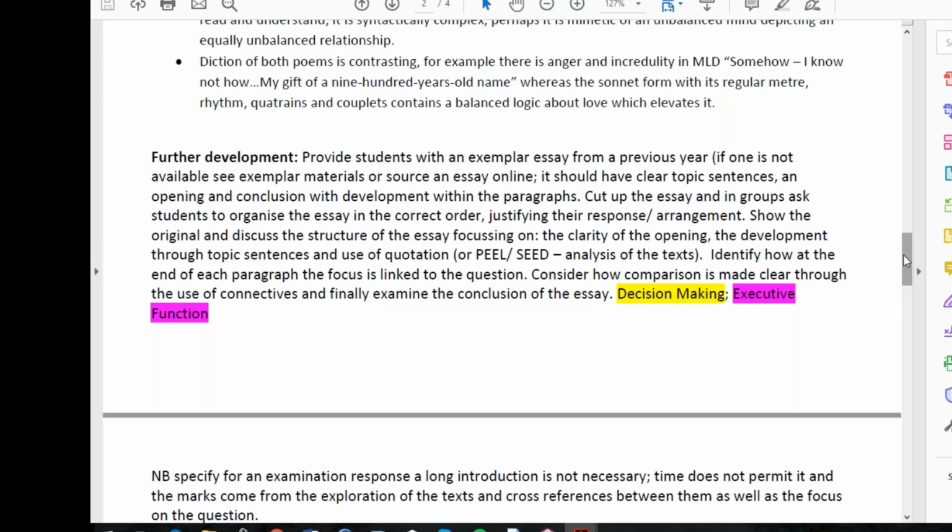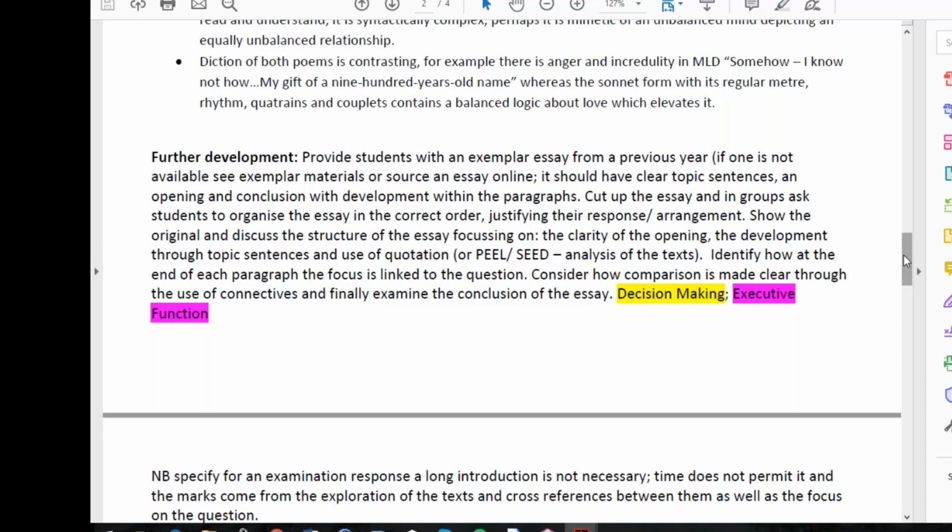A fun exercise is if you or one of your students typed up that essay and maybe improved the structure even further, so made very clear links between the two poems, and then you chop it into paragraphs and get them to reorder it.